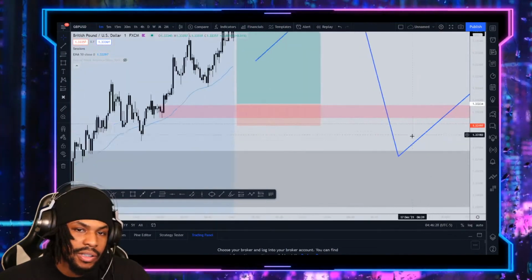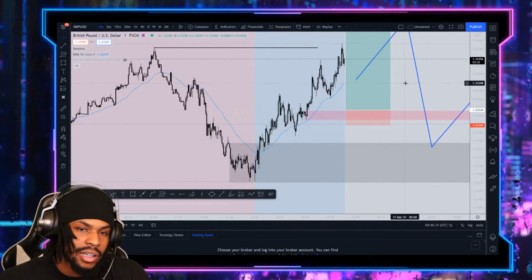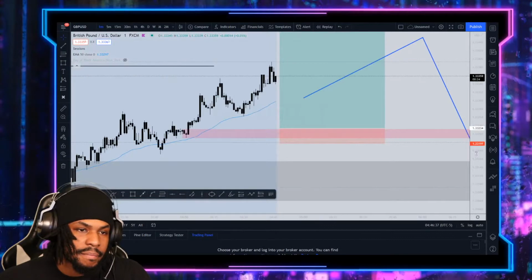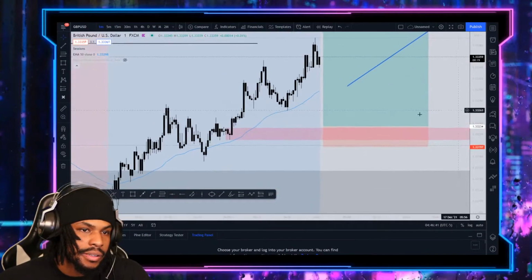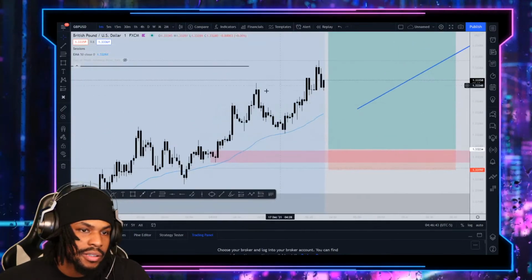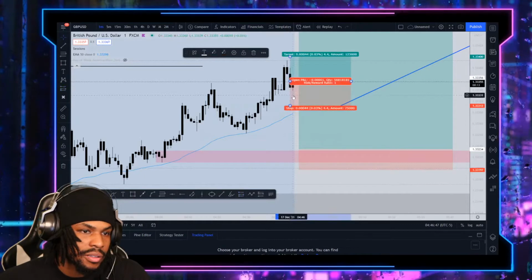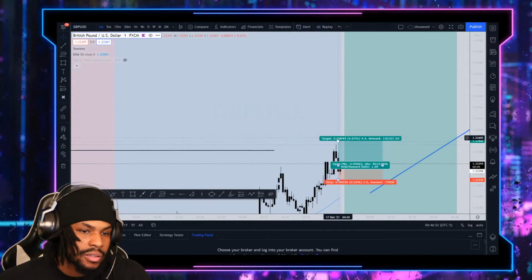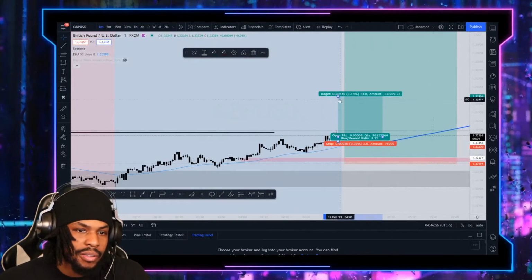That would be a very nice discounted price for buyers to get in and take it the rest of the way up based off of this swing. This might be the continuation. I don't know, what would I even look for right there? Guess I could target the same area. I don't even know if we're gonna make our way all the way up here.